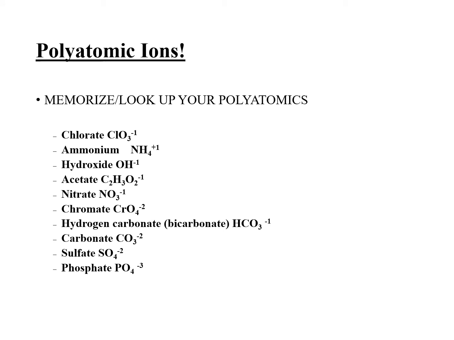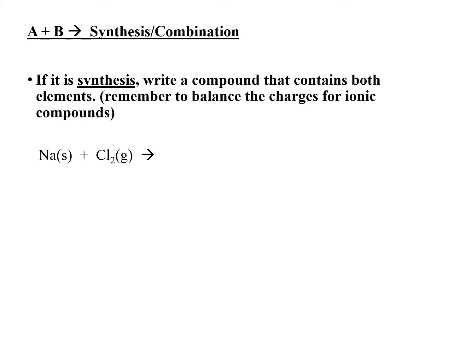Also, remember your polyatomics. You're probably going to want to use your sheet or the 10 that you had memorized. These are the 10 that you've memorized here on the list. But if you don't have it out, definitely take out your polyatomic ion sheet. It will be very helpful in predicting products and writing formulas.